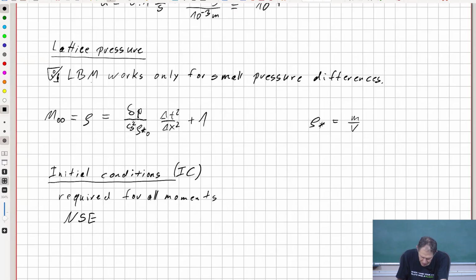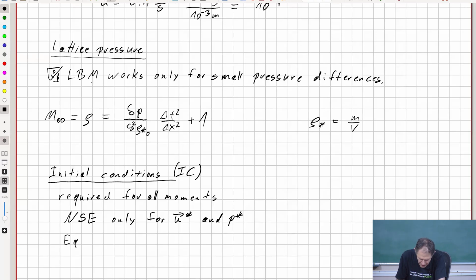Whereas in the Navier-Stokes equations, we only have to initialize U, velocity, and pressure. That's all. However, here in the lattice Boltzmann world we have to have more moments. So where do we get all these moments?